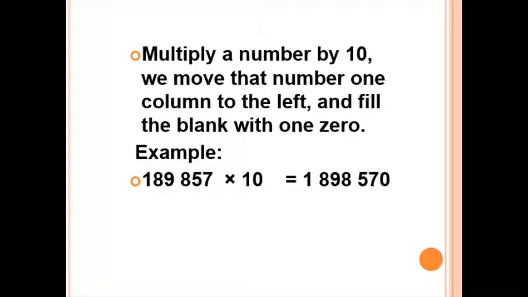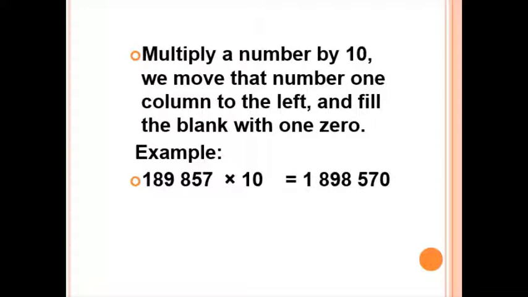You must know this, children, that when we multiply a number by 10, we move that number one column to the left and fill the blank with a 0. An example is given to you. You can see that it is 189,857.